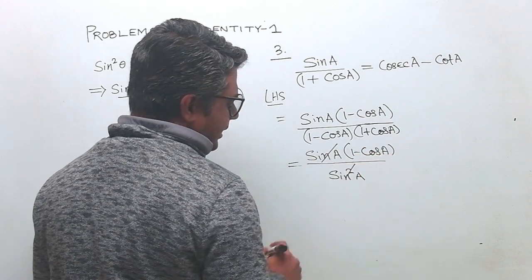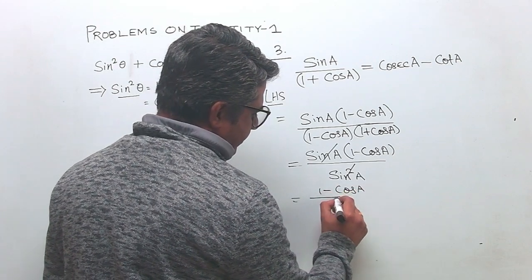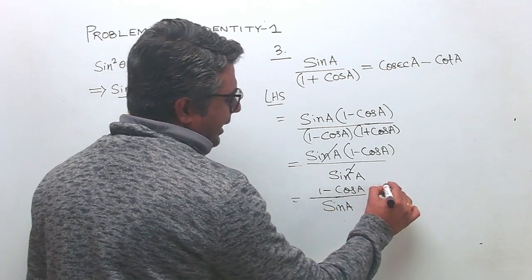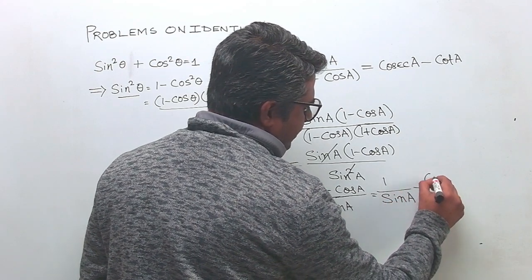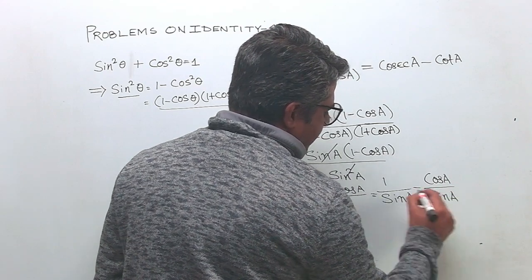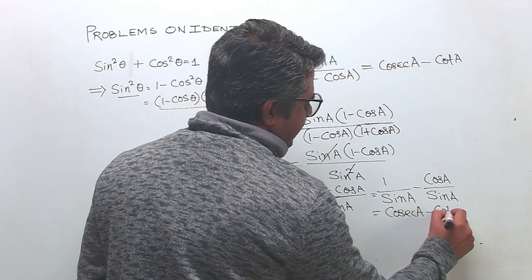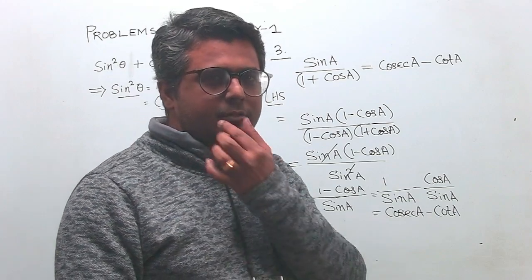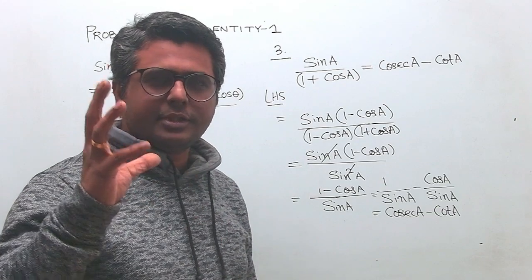One sin A cancels out, 1 minus cos A by sin A. So, this will be 1 by sin A minus cos A by sin A. 1 by sin A is cosec A minus cot A, and I think we all can have a little bit of smile on our faces after doing this, because we have already caught the catch, right.